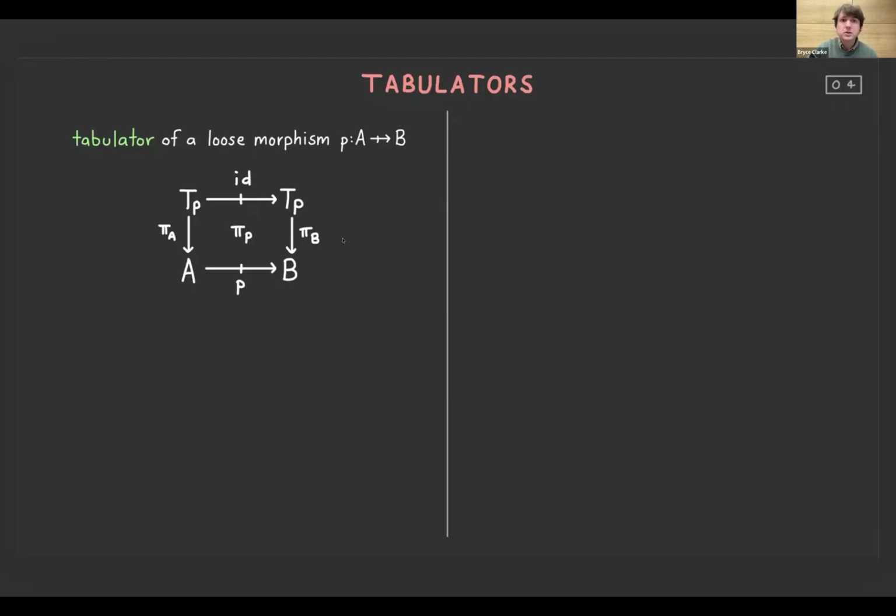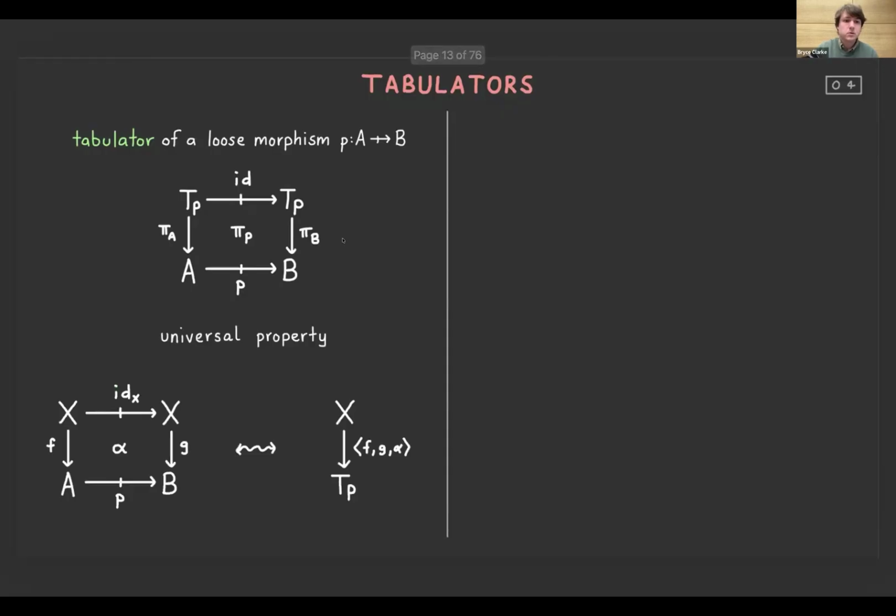And a tabulator is not just a cell like this, it has an associated universal property. The universal property is that there's a bijection between any cell like this, where we have X up here with some boundary like this, and tight morphisms into the tabulator object.